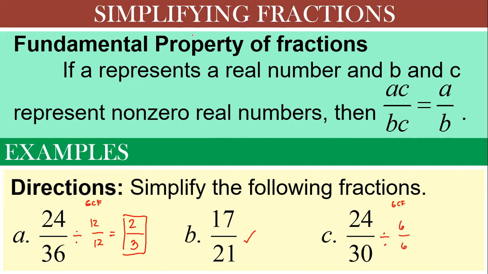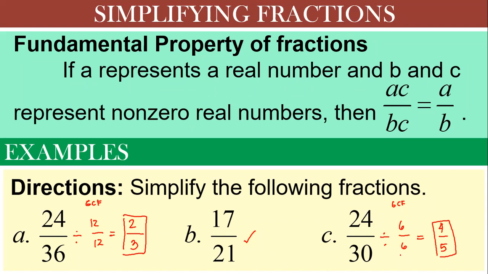Now, what is 24 divided by 6? Okay, very good. We have 4. How about 30 divided by 6? We have 5. Therefore, the lowest term of 24 over 30 is 4 over 5.